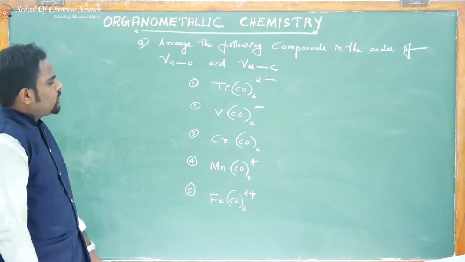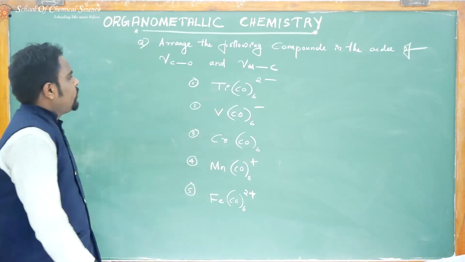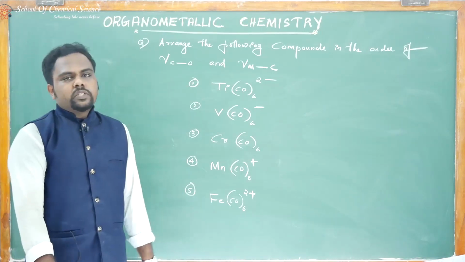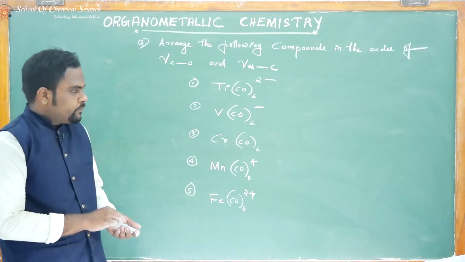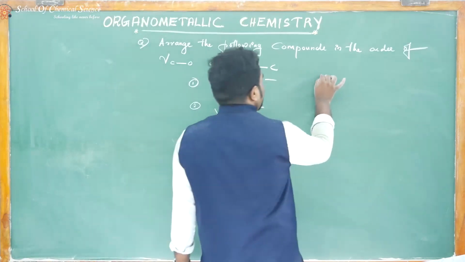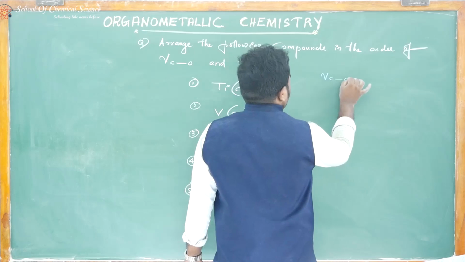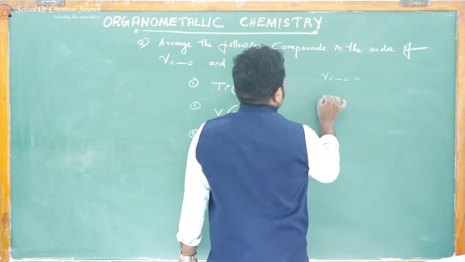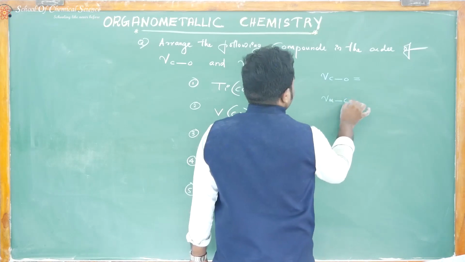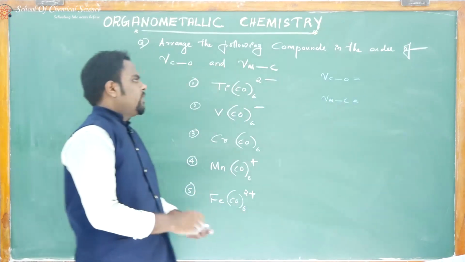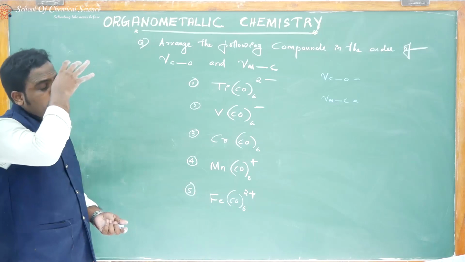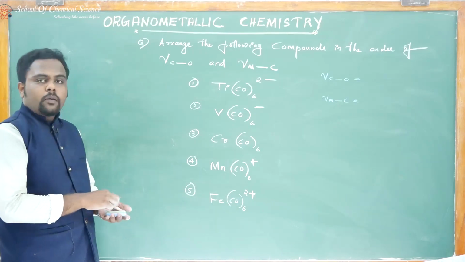Arrange 1, 2, 3, 4, 5 in the order of ν CO and ν MC. You have to arrange in the order of ν CO and ν MC. Okay, how can you approach this question?